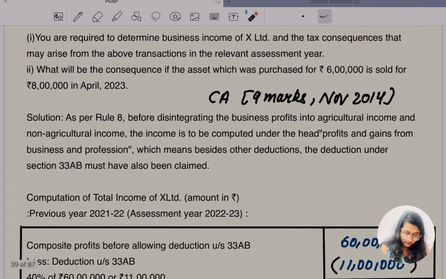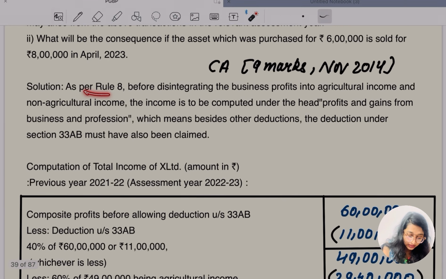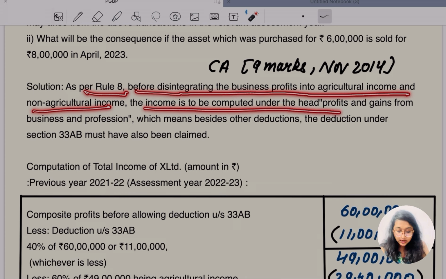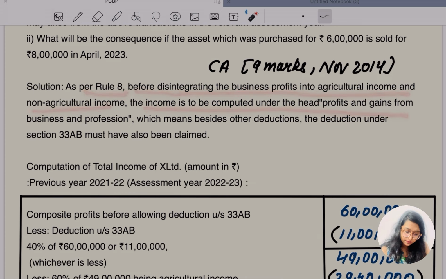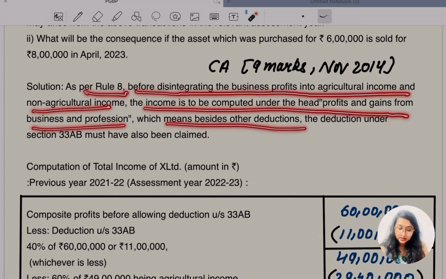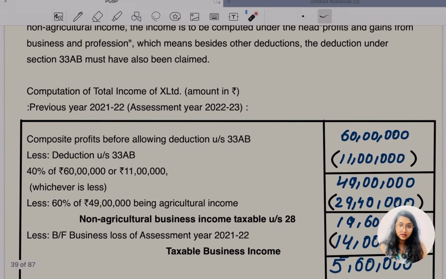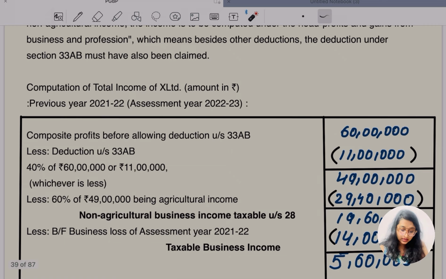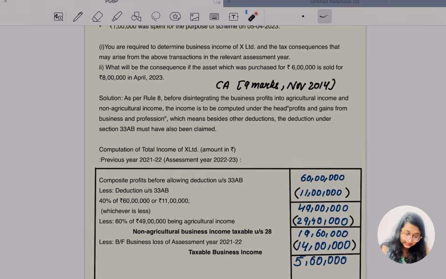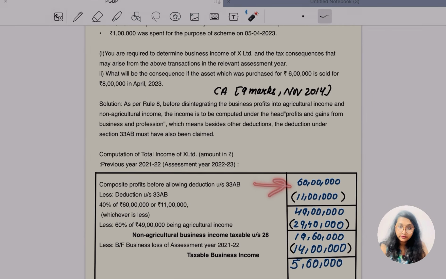The second part also. ठीक है, so as per rule 8, before disintegration of business profit into agriculture income and non-agriculture income, the income is to be computed under the profits and gains from business and profession, which means beside other deductions, the deduction under section 33AB must also be claimed. ठीक है, now we know 60 lakh was the profit. From this I have reduced the 11 lakh.